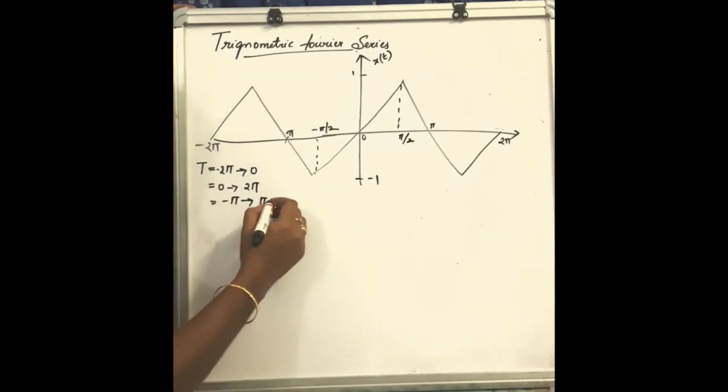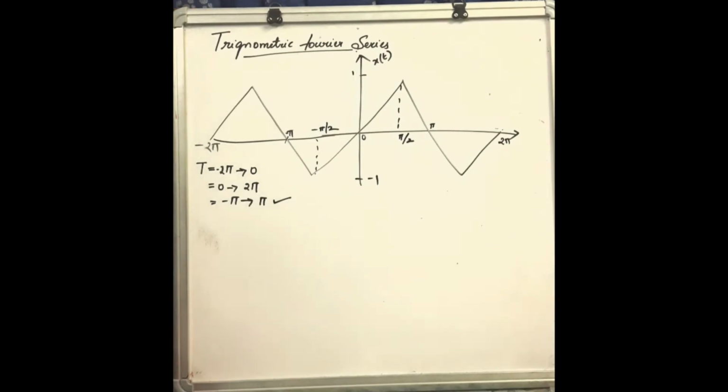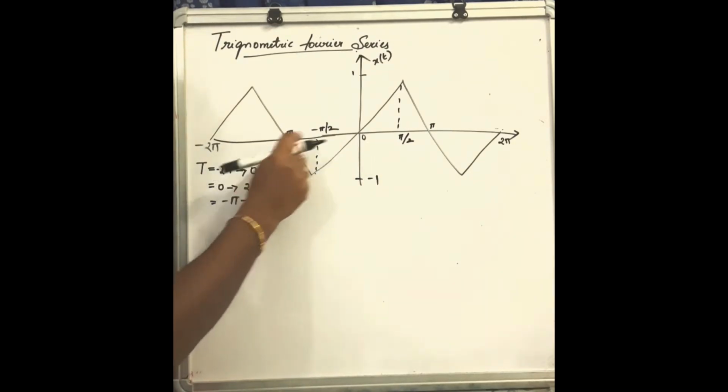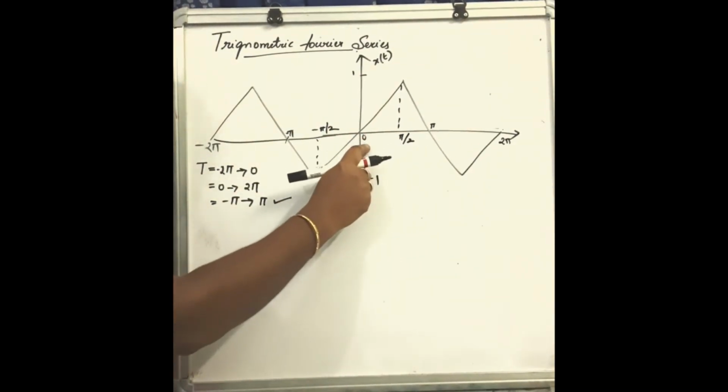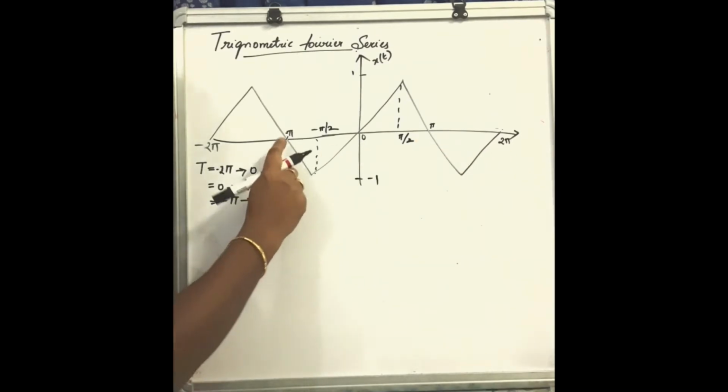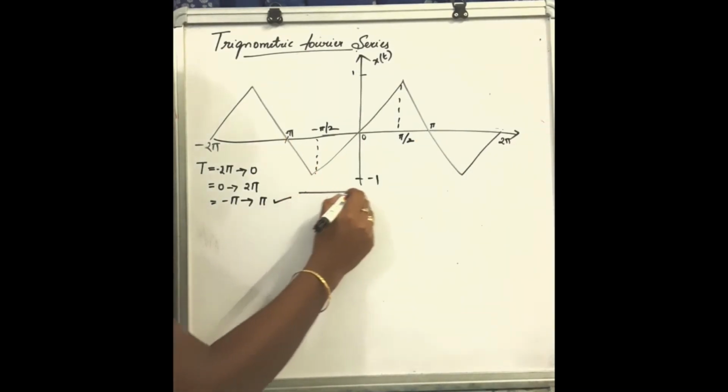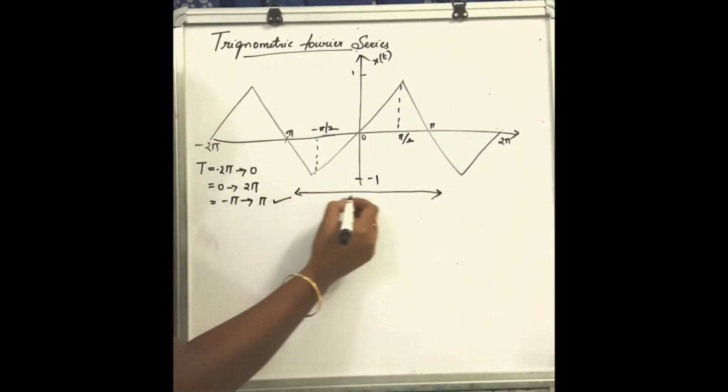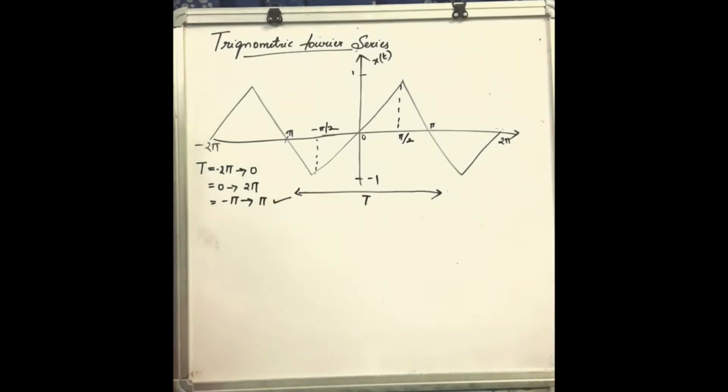So we will consider t is equal to minus pi to pi. From here it could be till here, or from here till here. We will consider from minus pi to pi. So this is the time period.